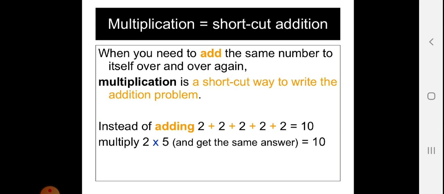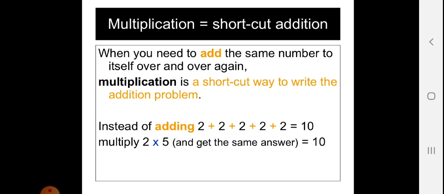So, the chapter number 12, powers and exponents. How will you identify in a number that this one is the power and this one is the exponent? Let's have a look. Whenever we write any number in the form of multiplication, or you can say a shortcut for addition, we use powers or exponents.